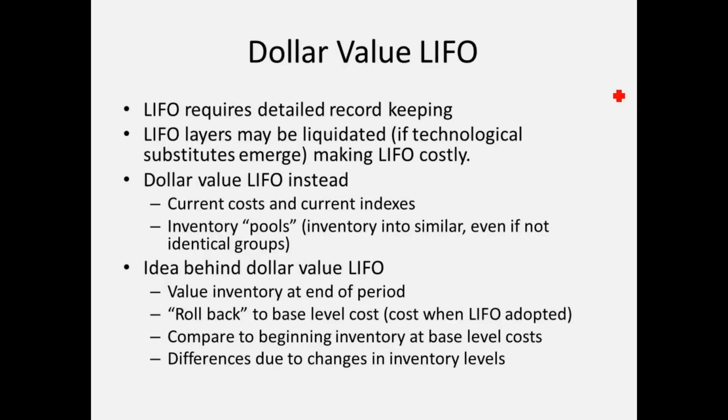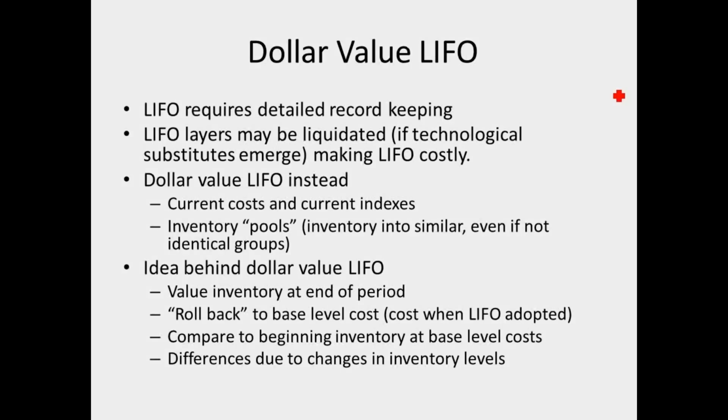Think about it this way. Let's say I have 100 units and it costs me $10 each, and then at the end I have 100 units and they cost me $12 each. The reason the cost of my inventory has gone up is because the price went up, and only because the price went up.